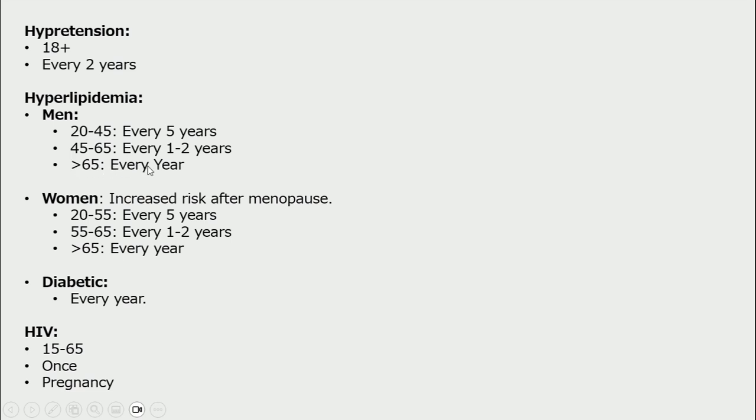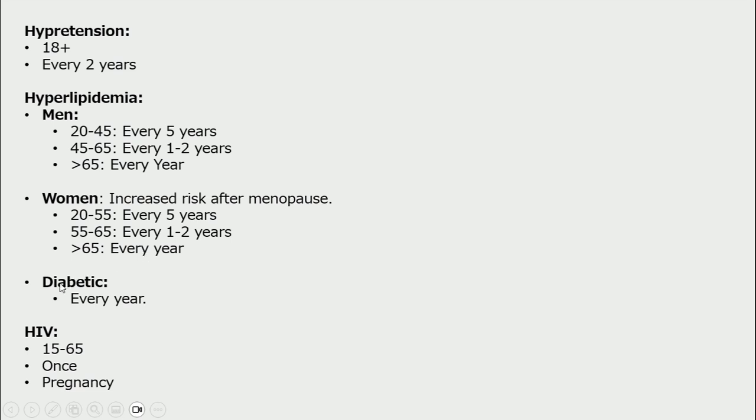If it's women, they have increased risk after menopause, but we start from the age of 20. So hyperlipidemia is seen from age 20, but how frequent depends upon the gender and their age. So women 20 to 55, every 5 years, and 55 to 65 we repeat every 1 to 2 years, and above 65 we repeat it every year.